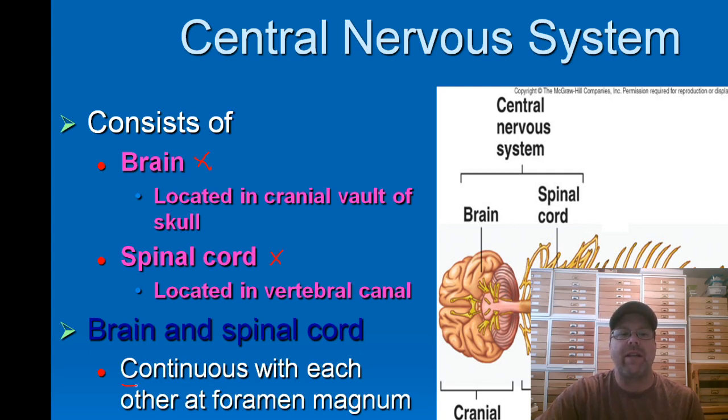So it says they are continuous with each other. We just change the name of the structure as it leaves our skull. So as it goes out of that foramen magnum, we change the name from the brain to the spinal cord. But it's really all the same thing. It's all attached, and it's basically one organ.